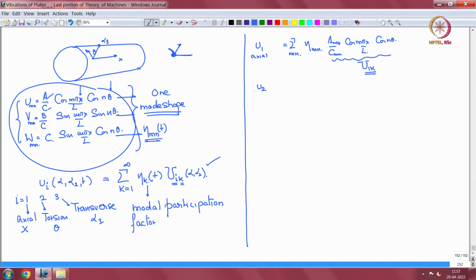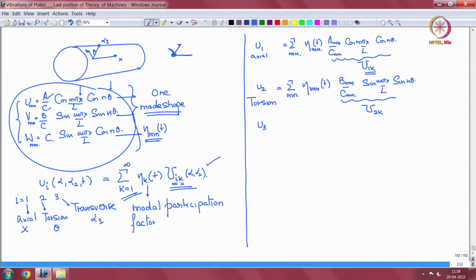Then u2, which is theta, torsion, is again sigma mn, which take the place of k here, same participation factor, this is a function of time, b_mn by c_mn sin(m pi x by L) sin(n theta). And what is this? This is u2k based on this notation.